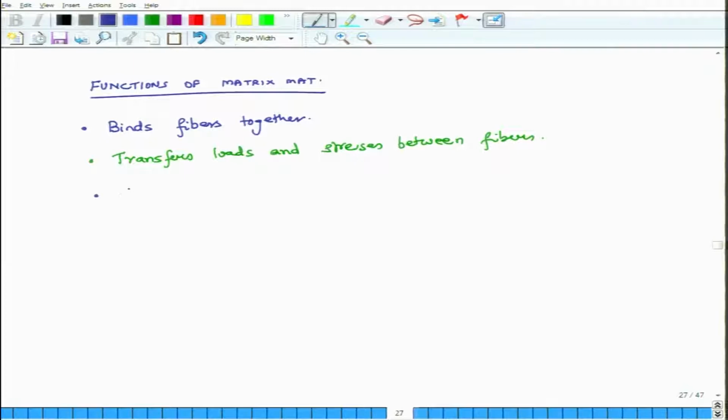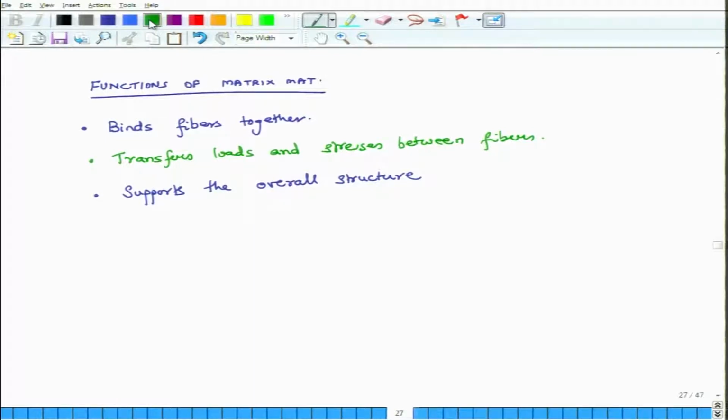Third thing, it supports the overall structure. So, we cannot think that matrix is less important. These are very important functions. Matrix is equally important. Fourth, we know, for instance, some fibers are very sensitive to moisture.